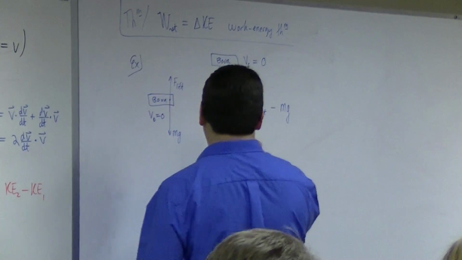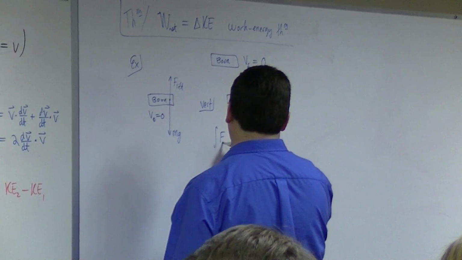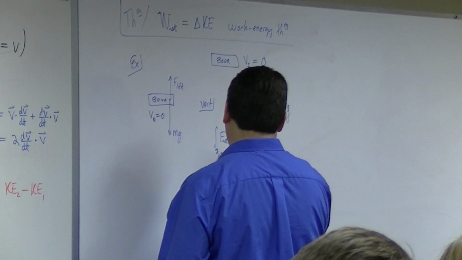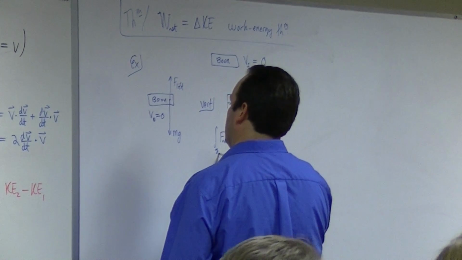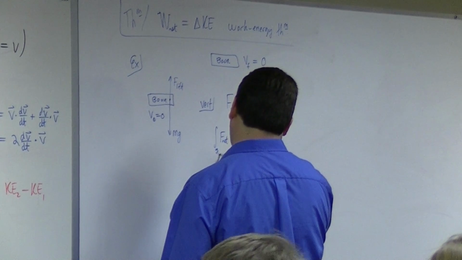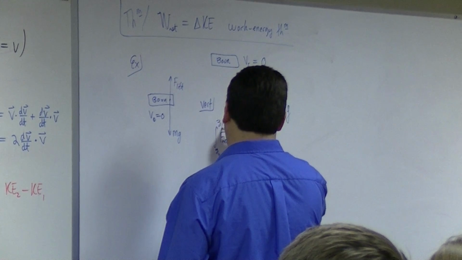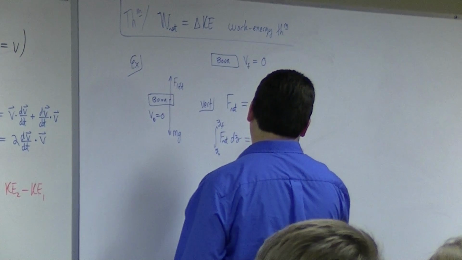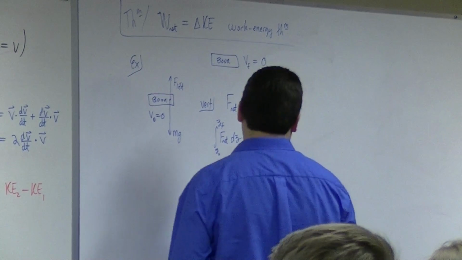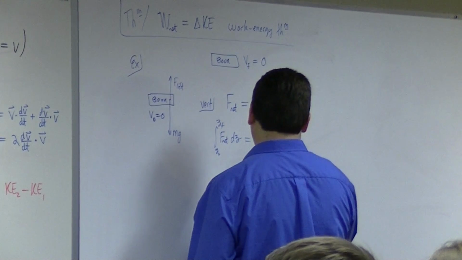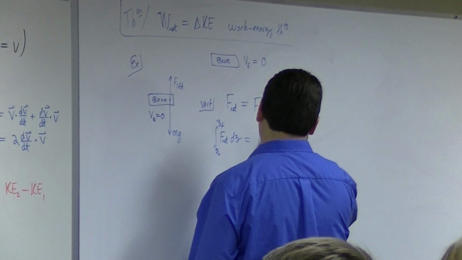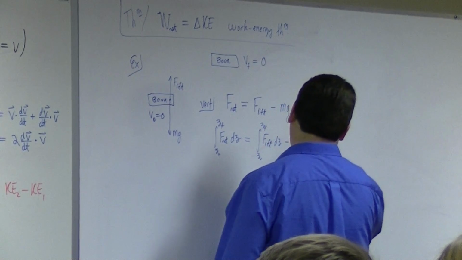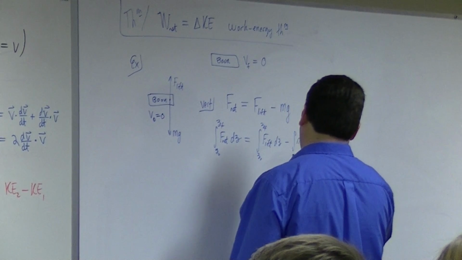And so to find the net work, I can integrate the net force over dz from, say, z naught to zf. What would that be? The integral of the lifting force from z naught to zf dz, minus the integral of mg dz from z naught to zf.